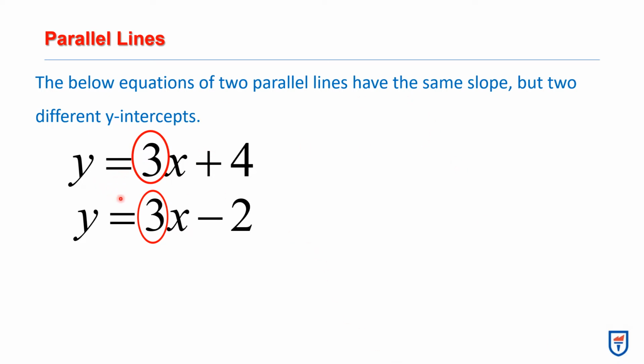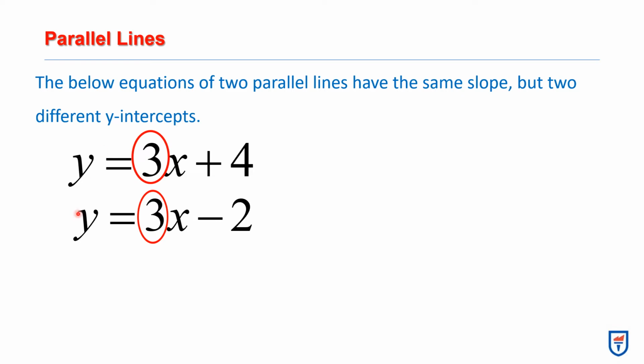For example, the first equation, y is equal to 3x plus 4, has a slope of 3. Since this equation is in the form y is equal to mx plus b, the slope is the value attached to x. The second equation is also in the form y equals mx plus b, which is y is equal to 3x minus 2, and you have a 3 attached to x, which is our slope.